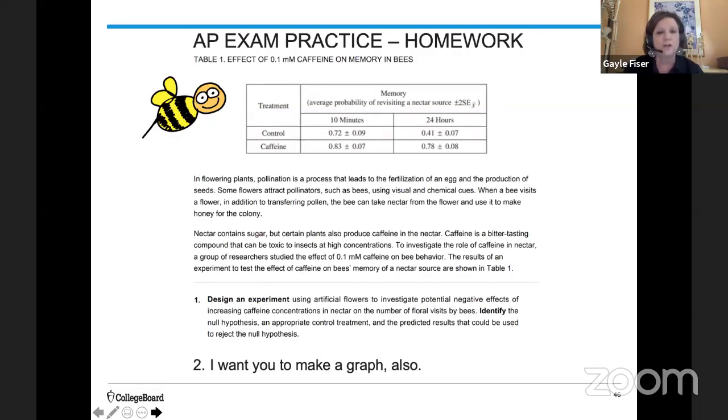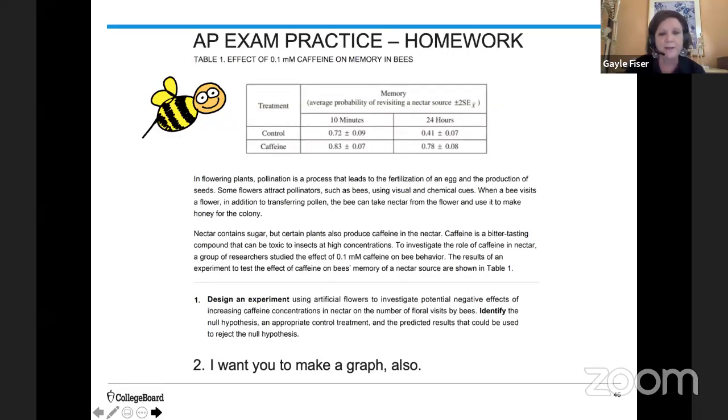Nectar contains sugar, but certain plants also produce caffeine in the nectar. Caffeine is a bitter tasting compound that can be toxic to insects at high concentrations. To investigate the role of caffeine in nectar, a group of researchers studied the effect of 0.1 millimole caffeine on bee behavior. The results of an experiment to test the effect of caffeine on bees' memory of a nectar source are shown in Table 1.